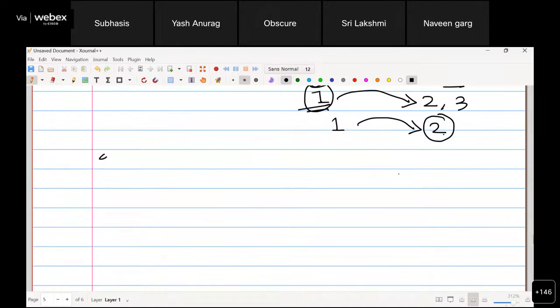Suppose you have a function from x to y.